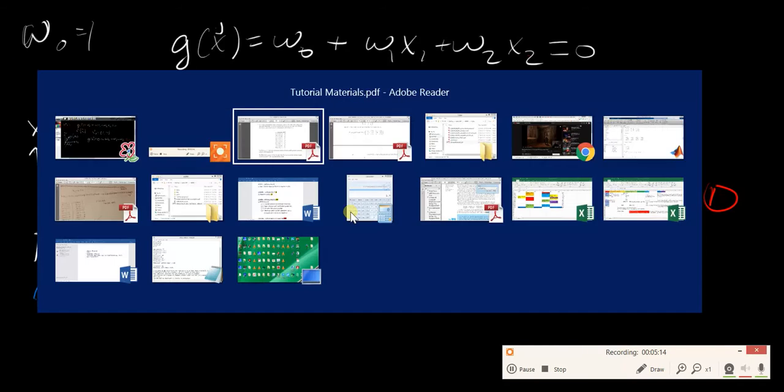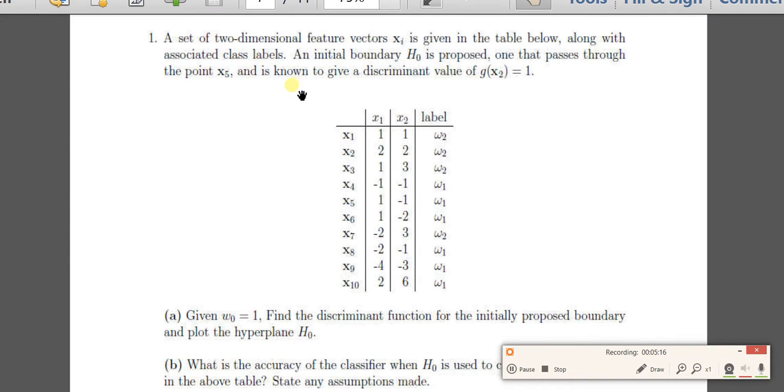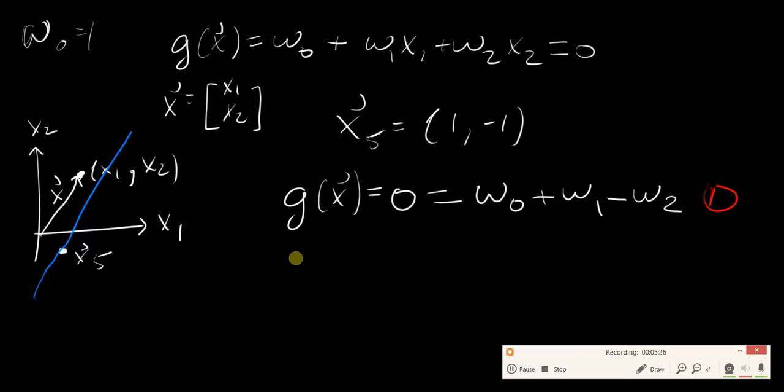Then the second piece of information it gives us is that g of x2 is equal to 1. You can pick this up more easily now that we saw how to do this one. So I should make this g of x5, and g of x2 equals 1.